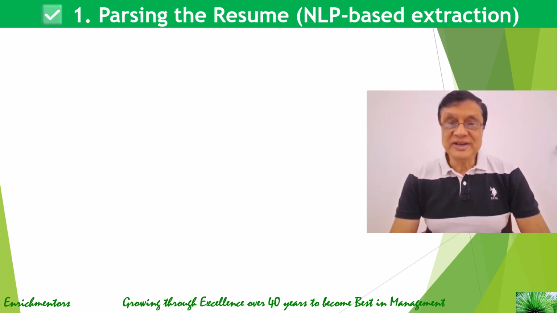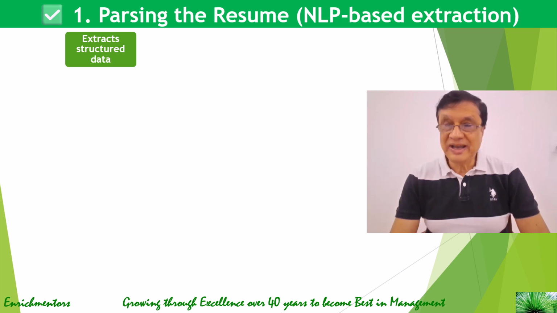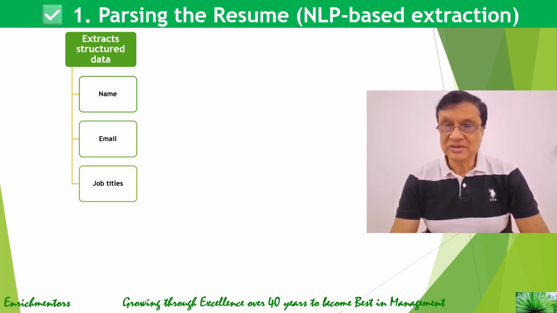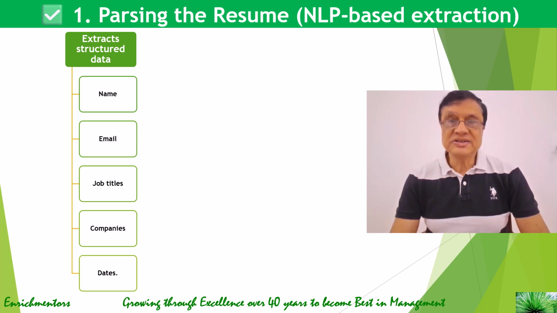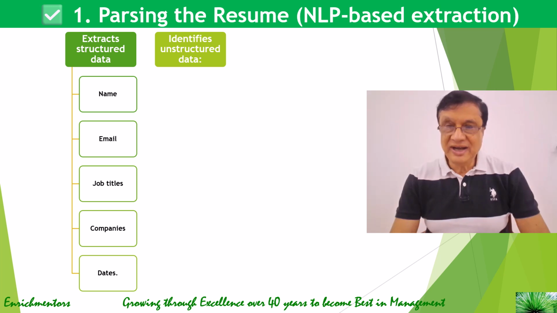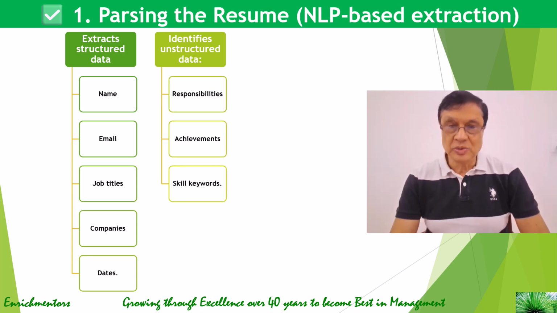First, it reads or parses the resumes, and that's NLP-based extraction. AI reads the resume like human recruiters would. It extracts structured data like name, email, job title, companies, dates, etc. Then it identifies unstructured data, such as responsibilities, achievements, and skill keywords.